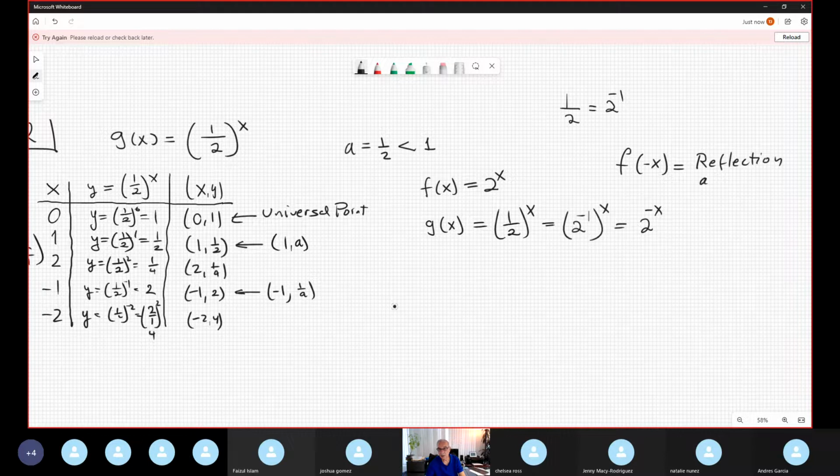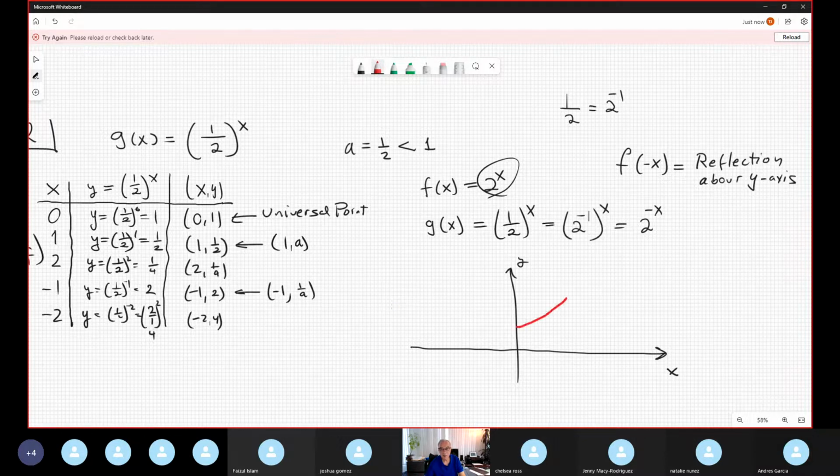Reflection about the y-axis. Entonces now, si I do the graph of the original example number 1, I discover that the graph looks like that.